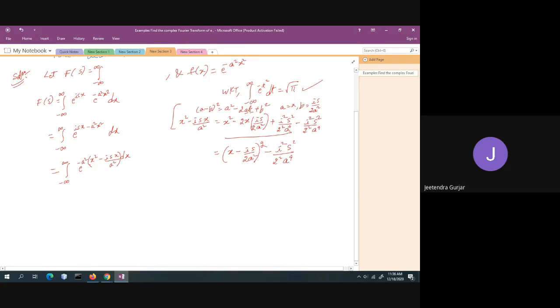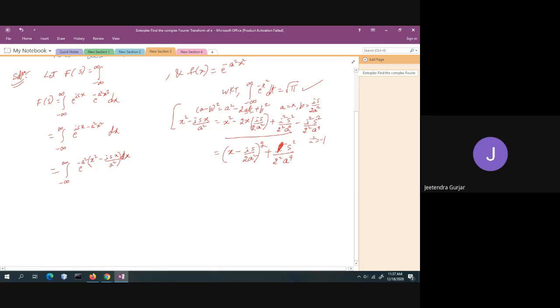But please remember, i square is minus 1. Am I right? So what I can do? Minus into minus. I will just take this minus and multiply here, so that this will become plus and i square is removed. Is it clear?